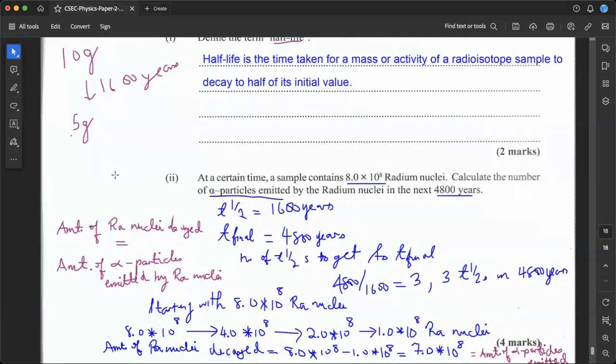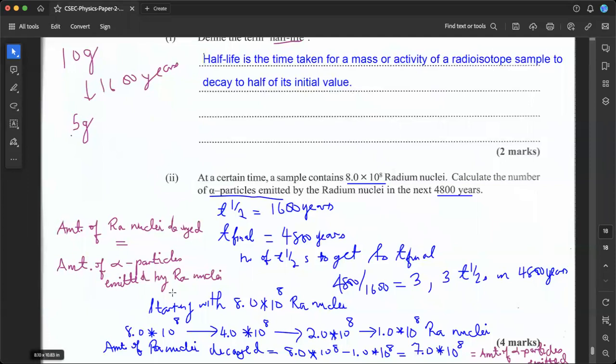So you follow me over here: the amount of radium nuclei that decays over that period of time is exactly equal to the amount of alpha particles that will be emitted by that radium nuclei. Remember, the radium nuclei is decaying by alpha emission. So if any amount of it decays, that's because that same exact amount of alpha particles were emitted by those nuclei.